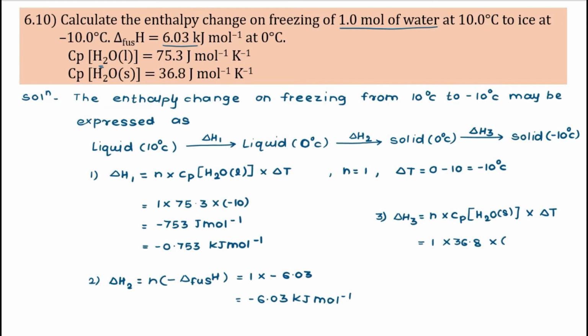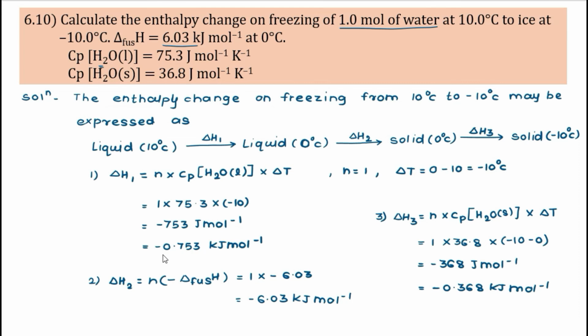Final temperature is minus 10 and initial temperature is 0. This is equal to minus 368 joule per mole. Let's convert this into kilojoule. Divide this quantity by 1000. Then delta H3 is equal to minus 0.368 kilojoule per mole.